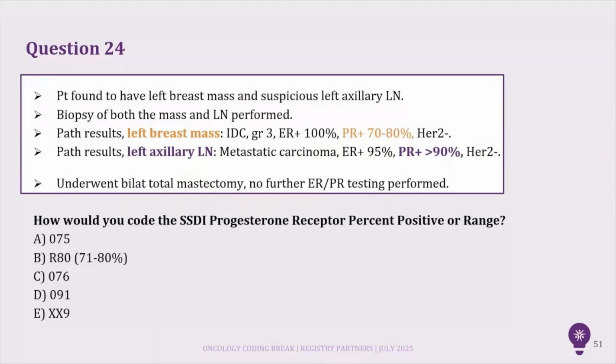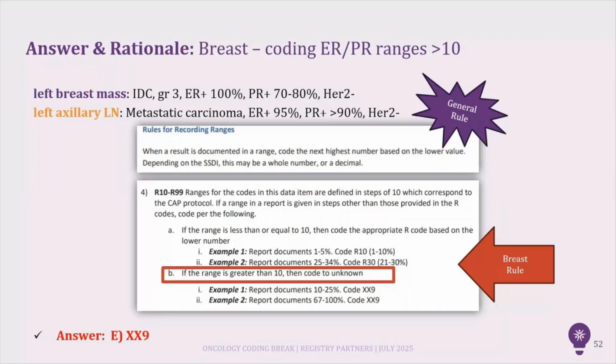So this one's actually going to be XX9. So the first question I was looking for was, do we use the breast mass or the lymph node? So we do need to use the breast mass, which was 70 to 80%. So we have a general rule that tells us that when you're given a range, you would code the next highest. However, we have breast specific rules.